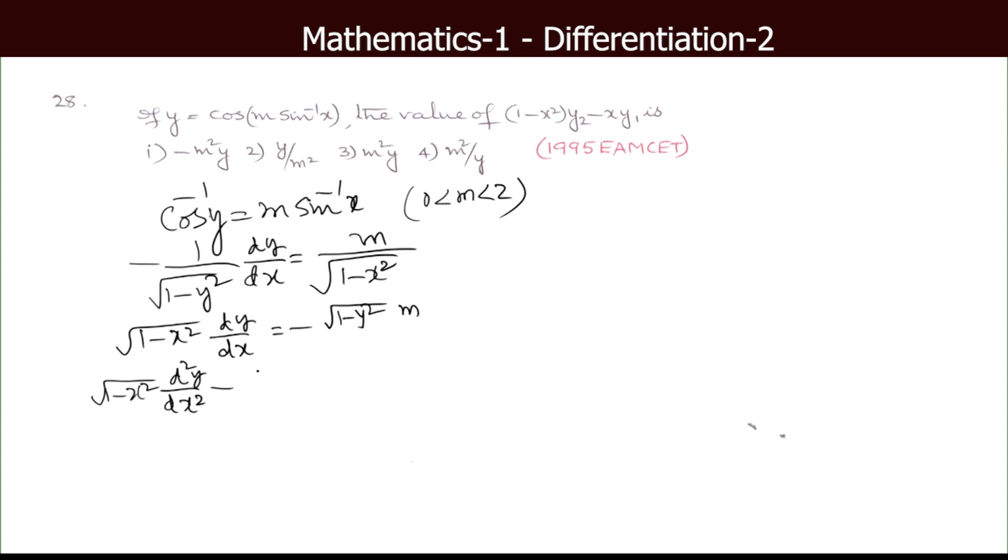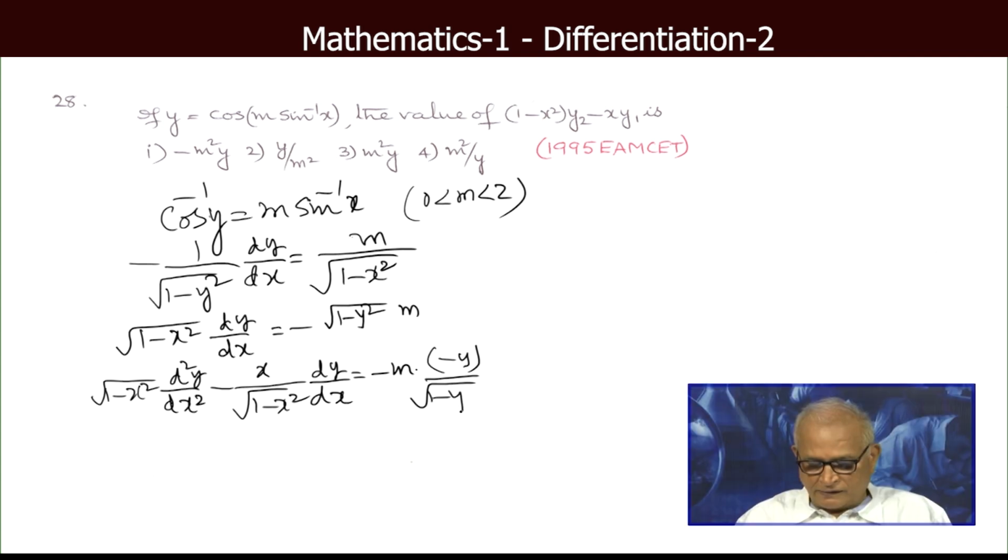Minus x by root of 1 minus x square into dy dx is equal to minus m times derivative of root of 1 minus y square, that is minus y by root of 1 minus y square into dy dx.